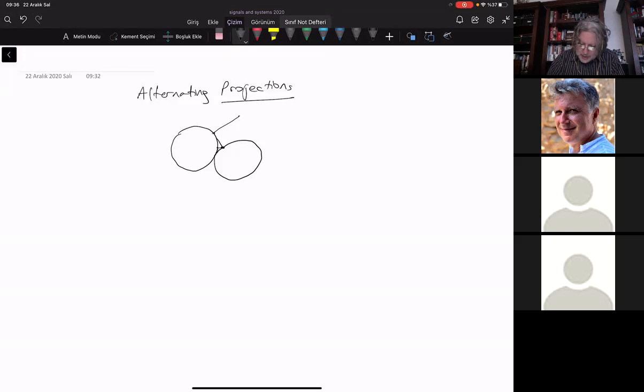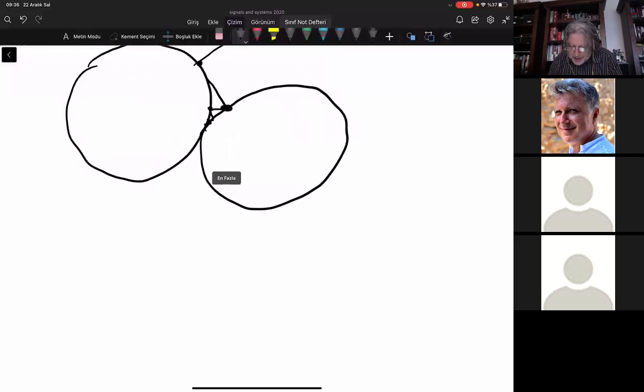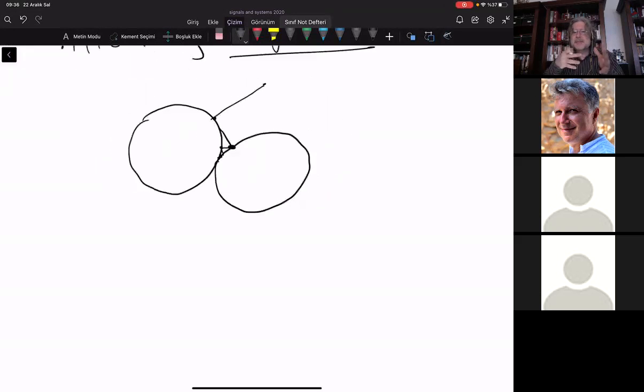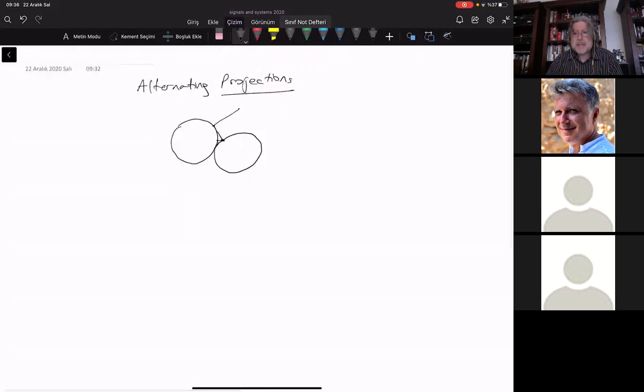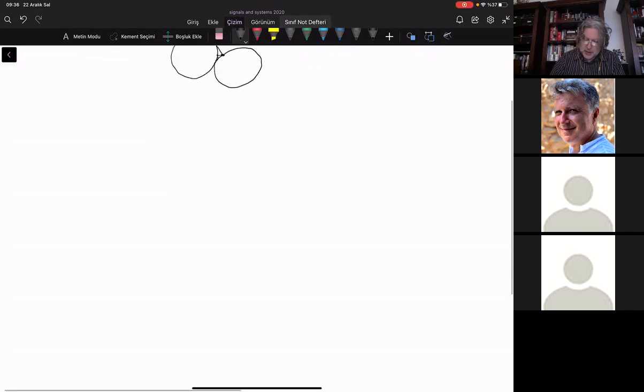And when you zoom there, it converges to the intersection point if there is a solution. That's a solution finding idea. But this idea has been used or utilized in image reconstruction too. Sometimes it's even used for image formation.